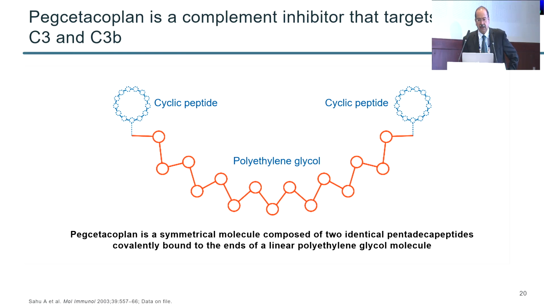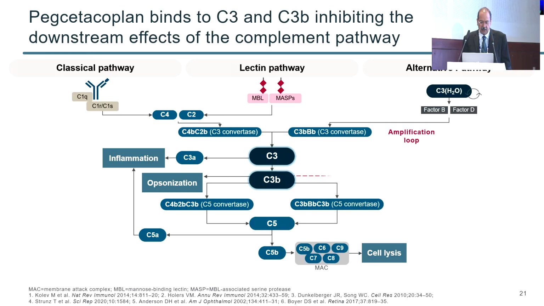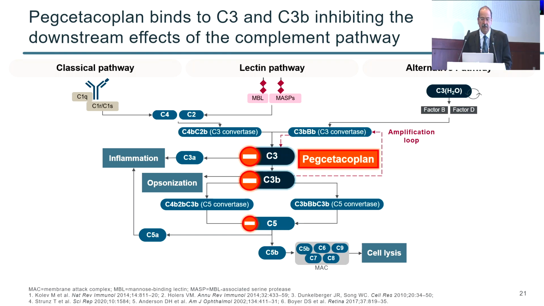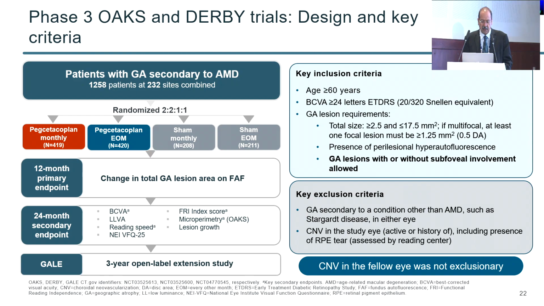The C3 inhibition is using PCP. It's a complement inhibitor, and it binds to the complement pathway, doesn't matter what the pathway is, blocks it, and hopefully prevents cell death. The AIOC and Derby trials use PCP.